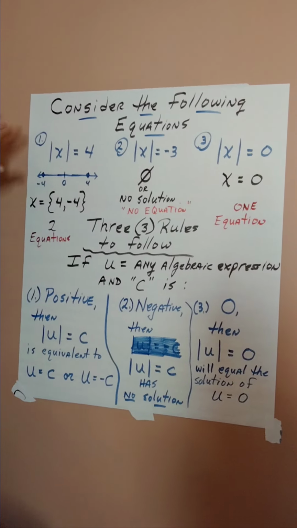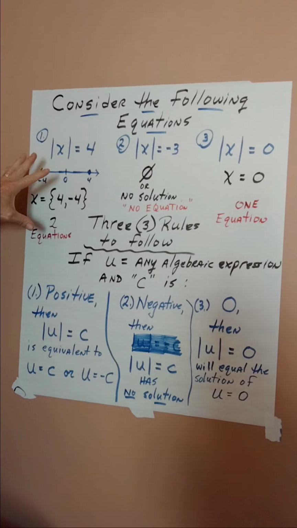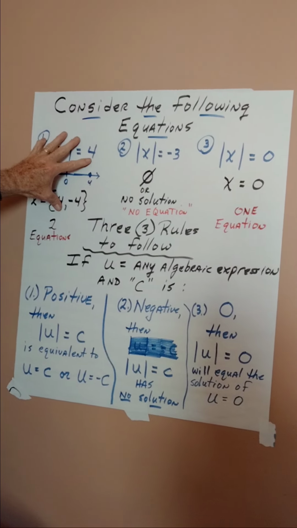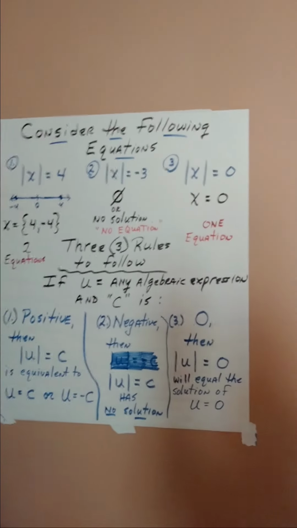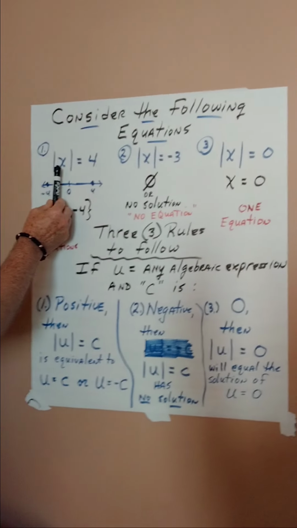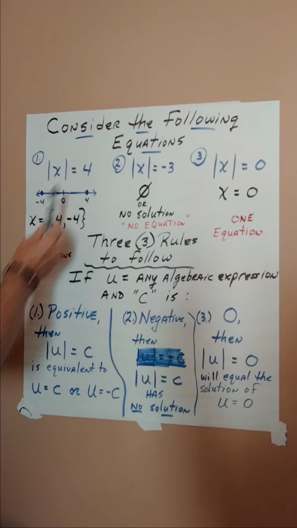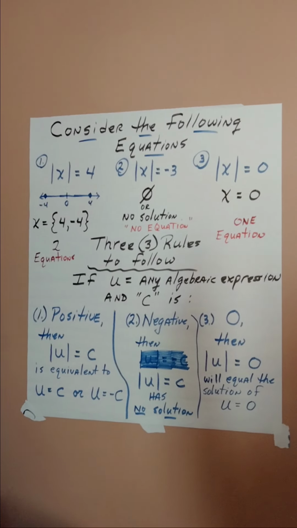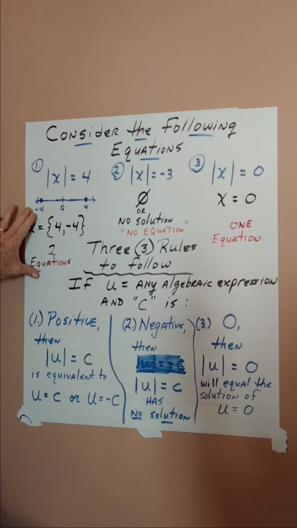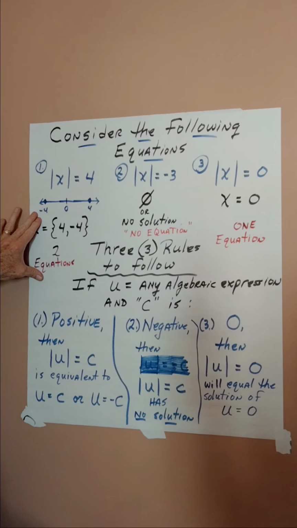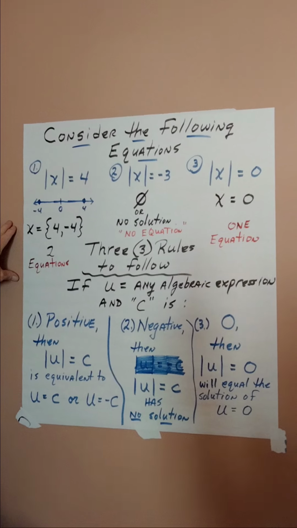Now we're going to consider first of all equation number 1, or we can call it type number 1. Let's consider this very simplistic looking equation, and let's see if we can spell out what it is saying to us so we can see why the answers are going to be what they are.